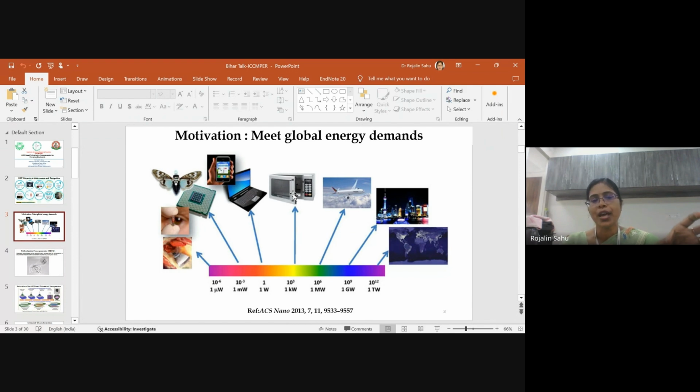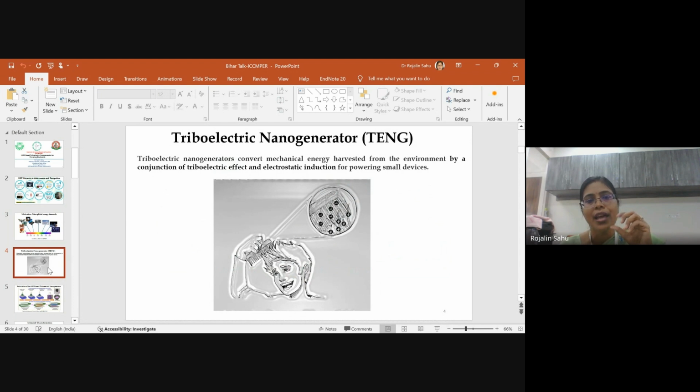So with this, we started our research on triboelectric nanogenerators based on triboelectrification and electrostatic induction. This is a long-known, age-old experience, because when we comb our hair with a plastic comb, we have experienced the hair being attracted towards the comb. By triboelectrification, tribo meaning the friction between the hair and the plastic comb, charge is generated.